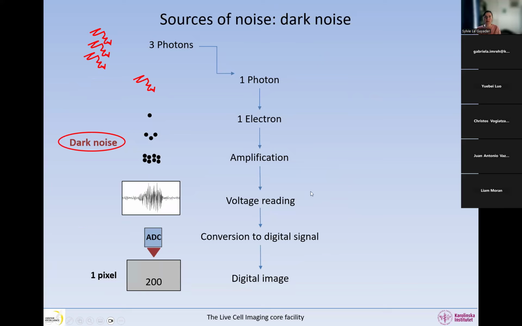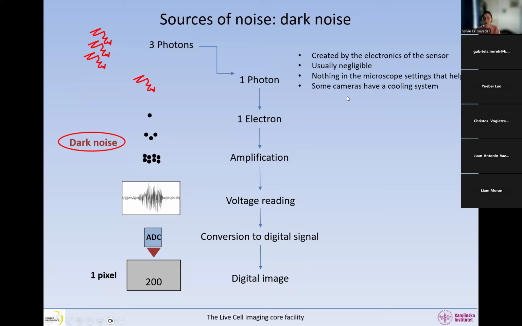This is the noise that comes from the amplification of the electrons. It's created by the electronics in the sensor, and it's usually negligible. It depends what you do. If you work with photon counting, then the electronic noise can be a problem, but most of the time you can just ignore it. On top of that, there is no setting that you can change to help, because this comes from the detector, the sensors themselves.